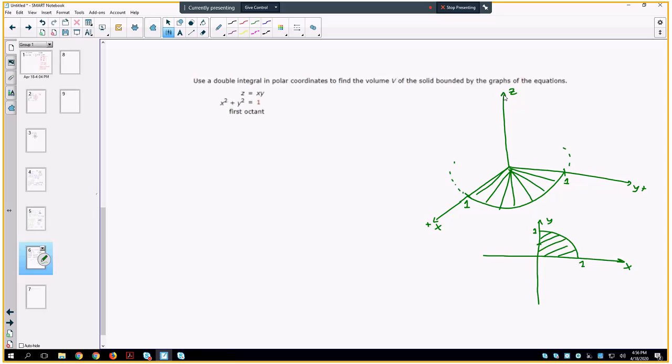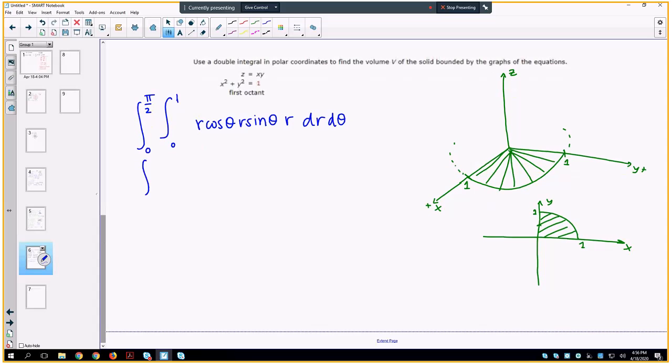So my integration is going to be 0 to pi over 2, 0 to 1. My function x times y should be r cosine theta times r sine theta. And then from my Jacobian, I get 1 more r, dr d theta.